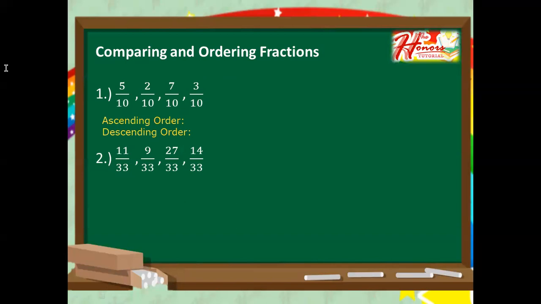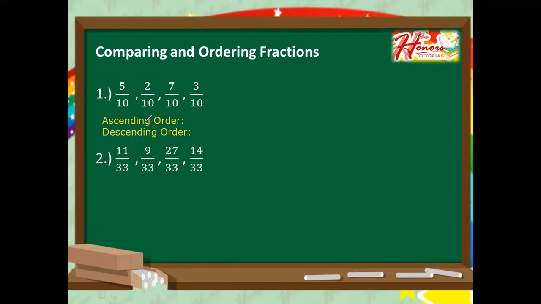So as you can see here, our denominators are the same. It is all 10 for number 1. So therefore, what you are going to do to compare and order these fractions is to compare the numerators only, since these are similar fractions.